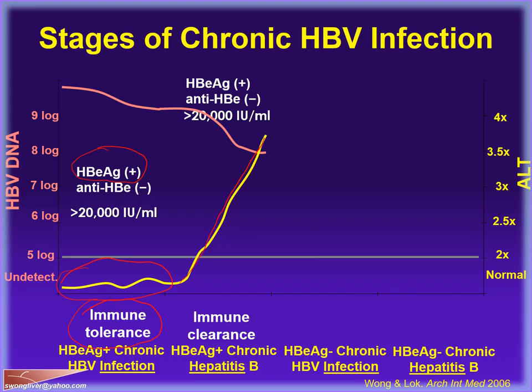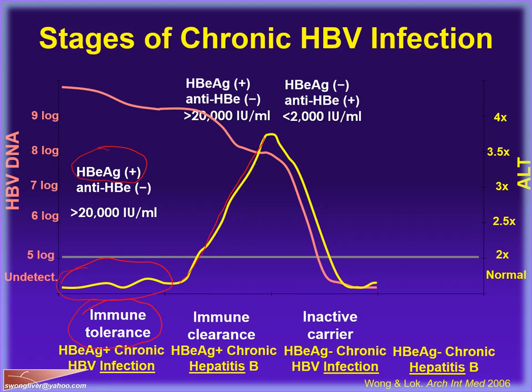Okay, so what happens next? After the immune system is activated against the virus, in about 60%, 70% of patients, the immune system is successful in killing off the virus. So the DNA starts to decrease, and since there's a decrease in your viral levels, the immune system destruction of your hepatocytes also decreases.